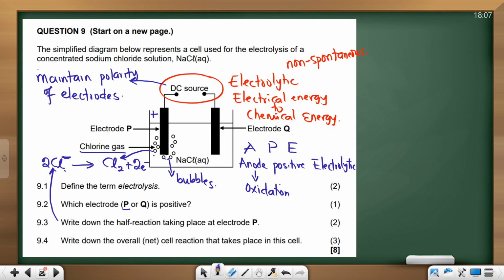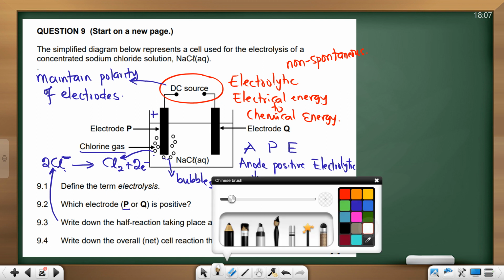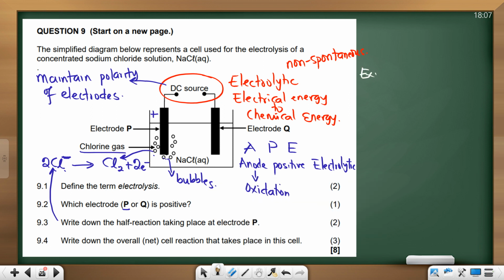Make sense? Now, there's a question an examiner normally asks here. Explain why sodium ions are not reduced at the cathode.